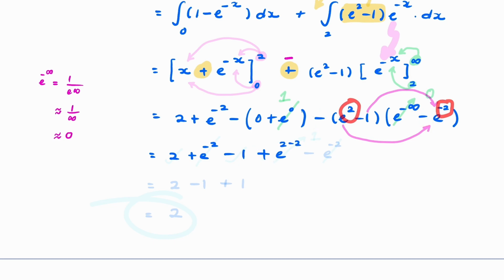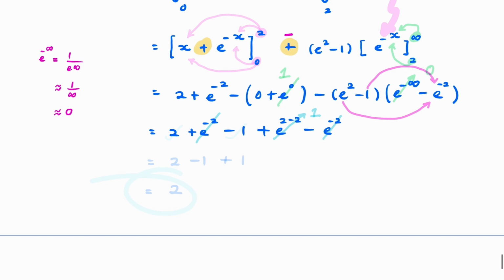Then we've got a negative, so that's negative e to the minus 2. So again, that simplifies to 1, and that cancels with that, and you've got a 2 and a 1, so that gives you 2 minus 1 plus 1 equals 2.